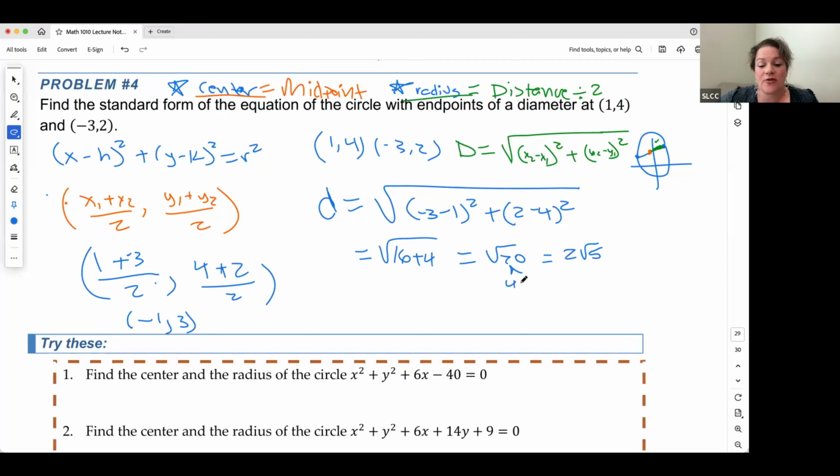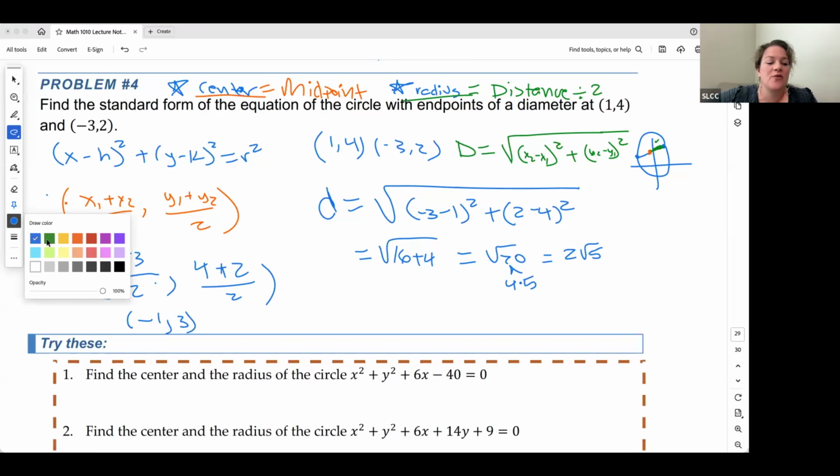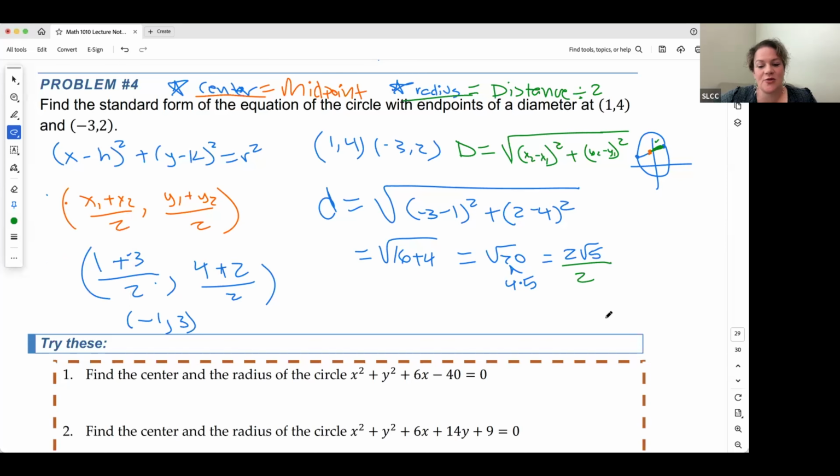Remember, you take out the perfect squares. Now, is that our radius? No. Remember, the radius is the diameter divided by 2. Since you're multiplying, there's no adding or subtracting in the numerator, then you can divide. And you get that the radius is just √5.